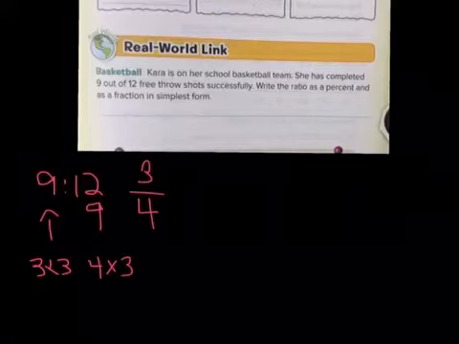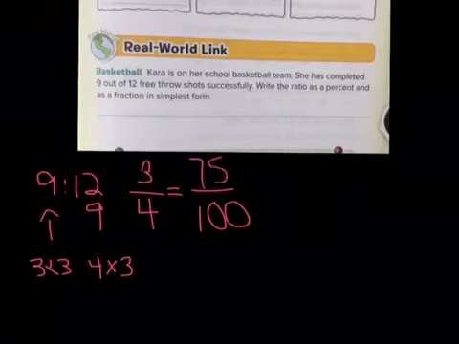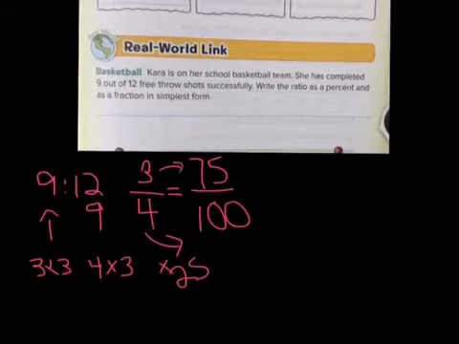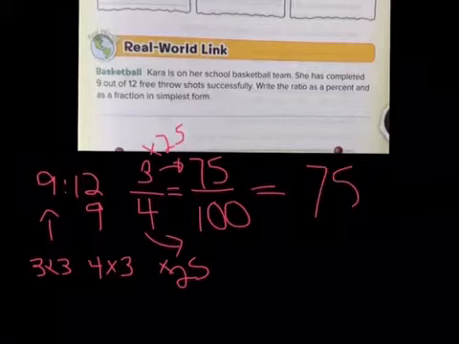So really it's 3/4. So I have 3/4 as the simplest form, and 3/4 as a percent is going to be 75, because I multiply this times 25 to make it 100. So I have to do the same thing to the 3 times 25, and I get 75 out of 100, which is 75%.